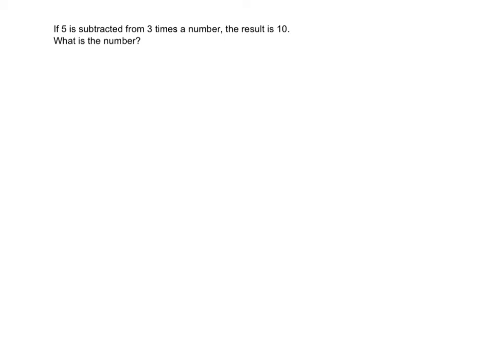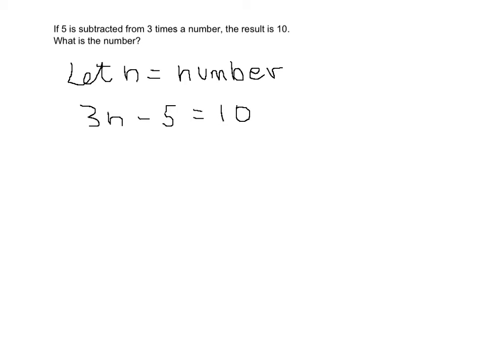Okay, so here's our first example. We read it a couple of times, and we recognize that we're looking for some number. It makes sense that we're going to call that number some variable, so let's use n equals the number. Now we have to take the English and translate it into mathematics or algebra. 5 is subtracted from 3 times a number. Well, 3 times a number is that, and we're subtracting 5 from it, and the result equals 10.